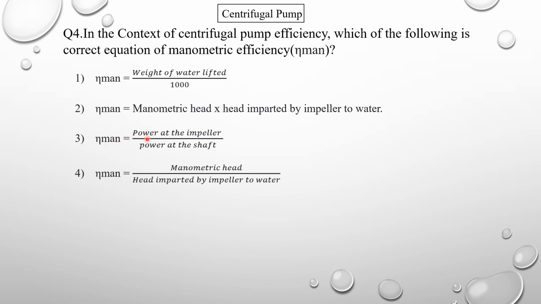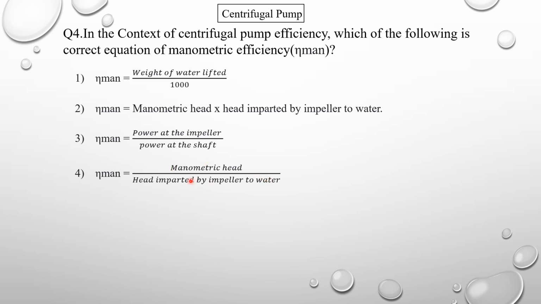Then next, power at the impeller to power at the shaft. No, this is not the manometric efficiency. This is the mechanical efficiency. Power at the impeller to power at the shaft is the mechanical efficiency. Then next, manometric head to head imparted by impeller to water.